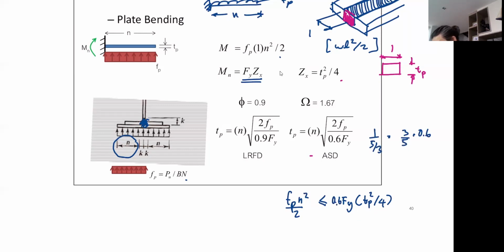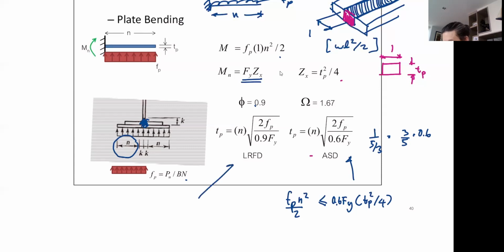Okay, and when I arrange this, because the TP and N are both square, I can rearrange this, and this is what I get. So essentially it's from this equation. And for this, you just change the 0.6 into 0.9 because the phi is 0.9.